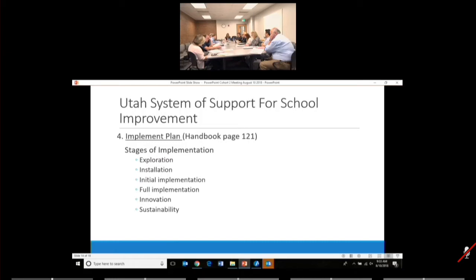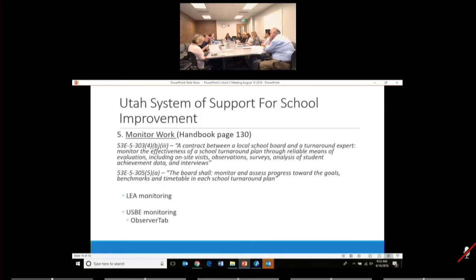So continuing on under this tab, monitoring the work, there's some interesting language in the bill.